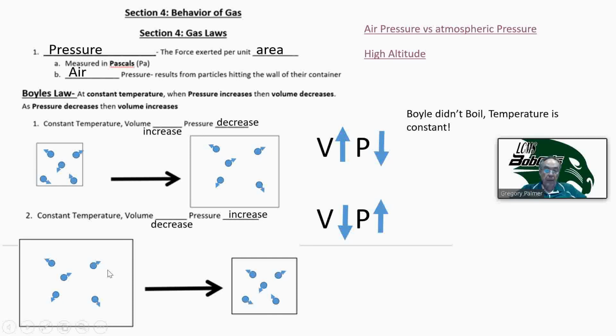The other case is the exact opposite. We went from a big volume to a small volume, so the volume is going down, and the pressure will go up. So if the temperature is constant, whatever you read about in the problem, the one goes up, the other one goes down. They go in exactly the opposite directions.